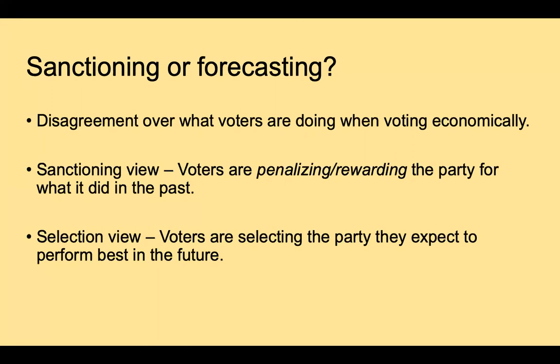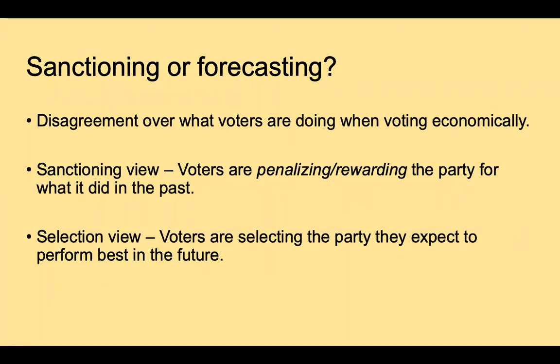Of the models of economic voting that we have, they take either the sanctioning view or the selection view. And so they make fundamental assumptions about whether, as rational voters, we are looking back or we are looking forward. And this is a fundamental disagreement. It's not possible to reconcile those two.